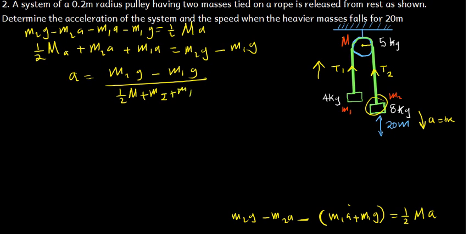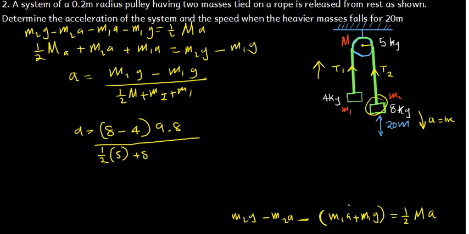So let's go on and substitute. Of course, we can also factorize out a G here so that we just add the mass and multiply by G. So acceleration is going to be M2, the mass is 8 kg, minus M1, which is 4, then we're going to multiply that by G, which is 9.8, then divide that by half the mass of the solid disk, that is 5, plus M2, which is 8, plus M1, which is 4.